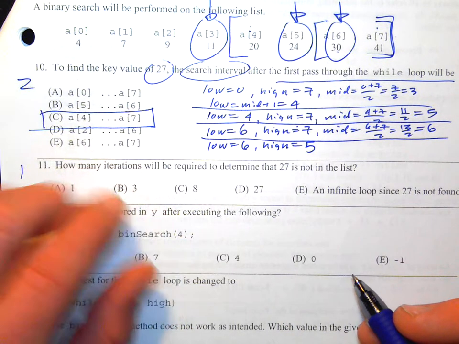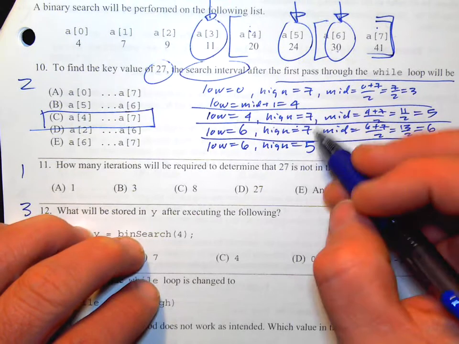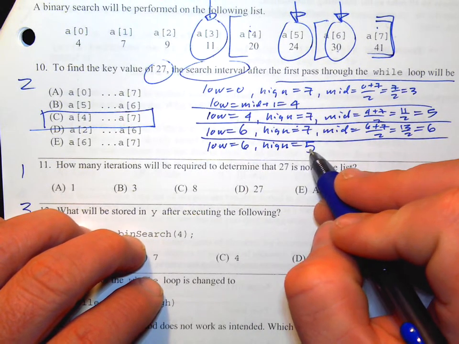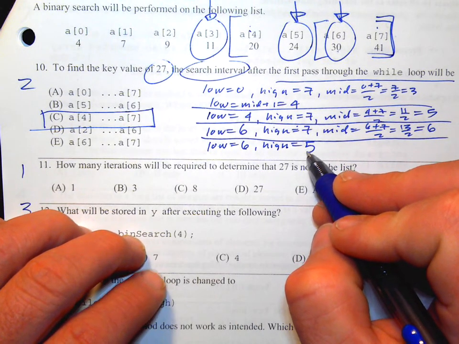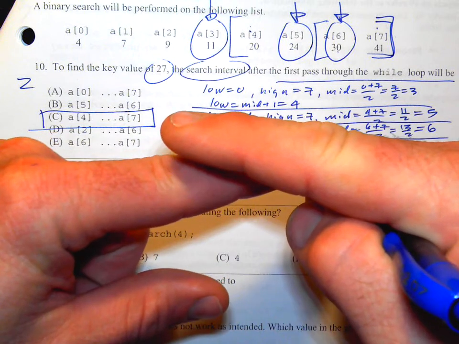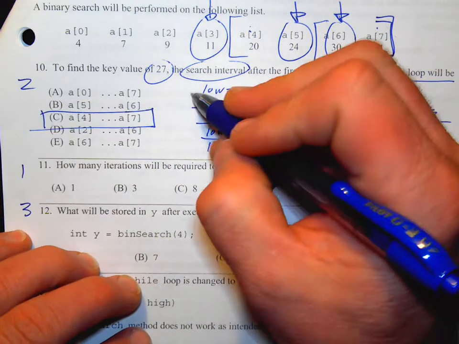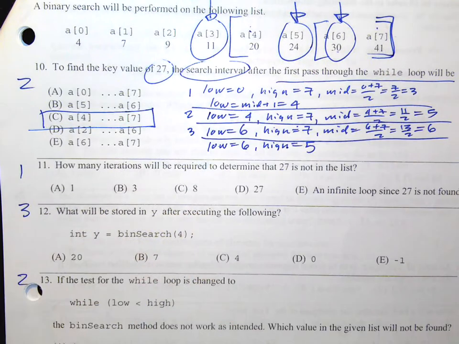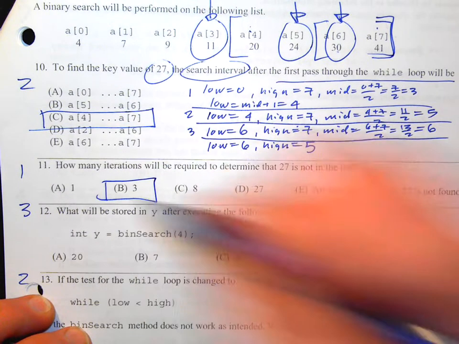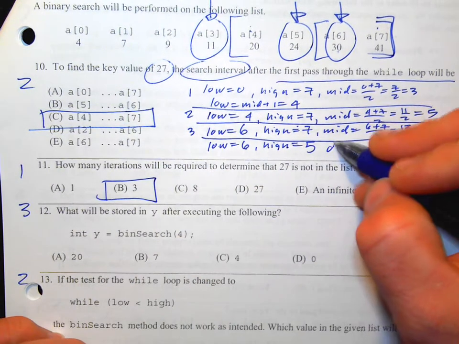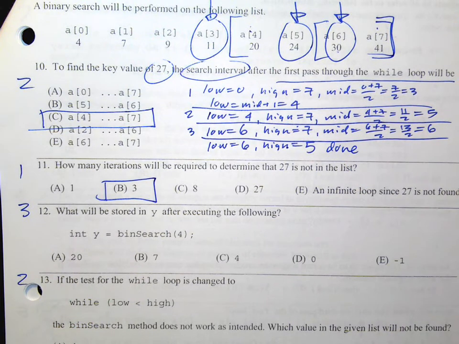Then it goes back into the search and says, as long as low is less than or equal to high, keep searching. But as soon as they pass each other, it's not there. You've missed it. So 1, 2, 3 iterations. At this point, it's done. It's not in there. It returns -1.